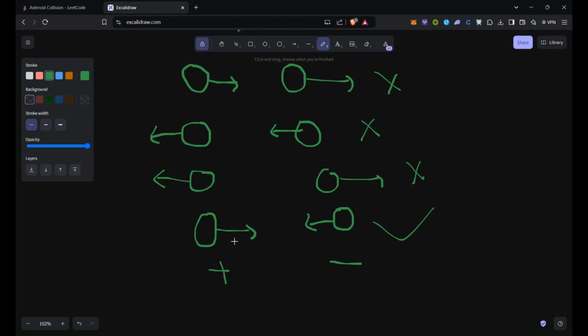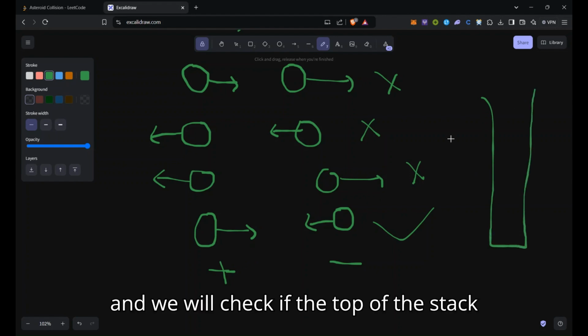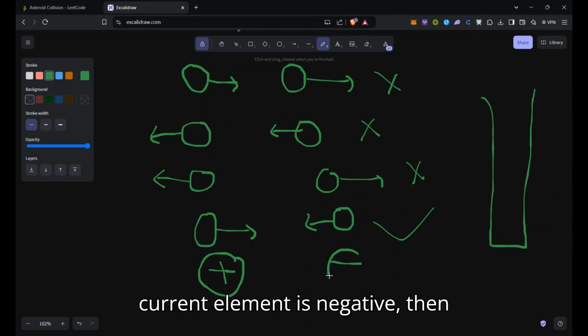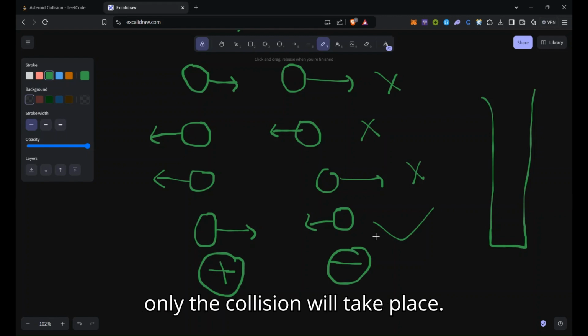So what we will do, we will take a stack and we will check if the top of the stack is positive and the current element is negative, then only the collision will take place.